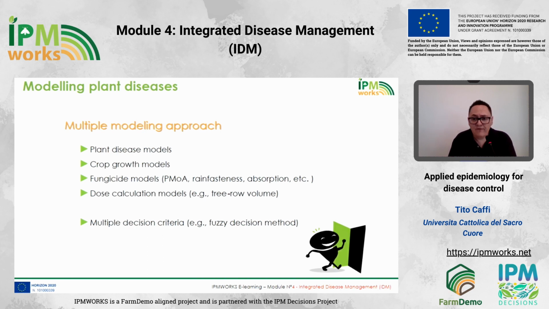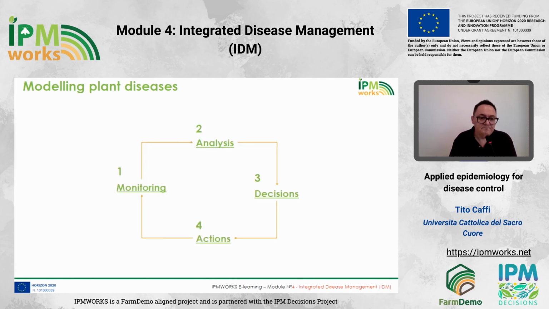So we stopped focusing only on a single disease model, and we try to put together as many models as possible for a specific crop, in order to obtain the highest amount of information possible about the different aspects we have to manage for implementing IPM.